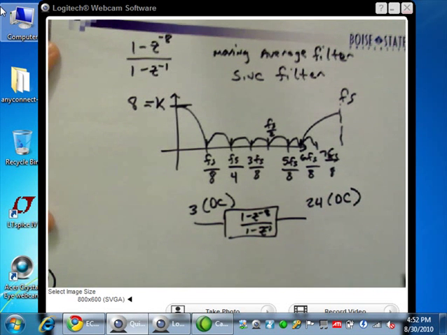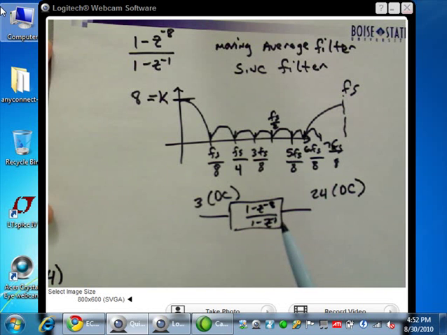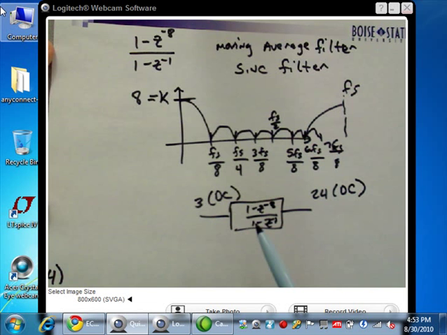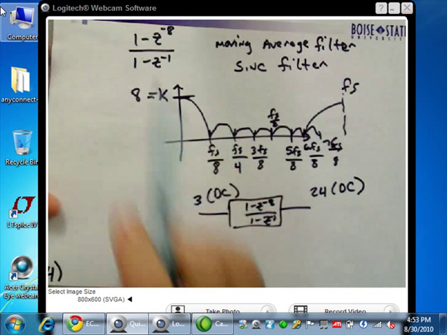Okay, let's do one more thing with this filter. Let's sketch the implementation. Okay, so let's sketch the, how would I do that? Okay, so I need a comb filter. So what would that look like?